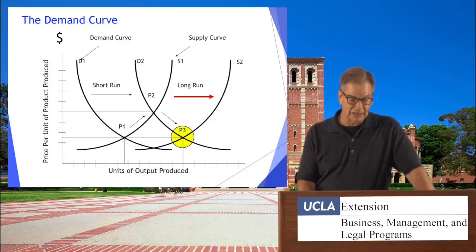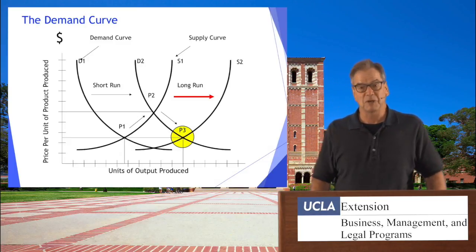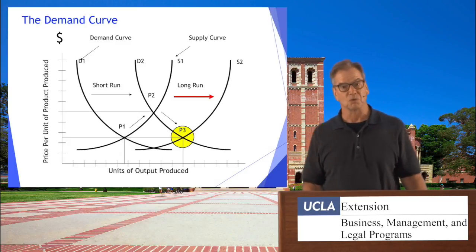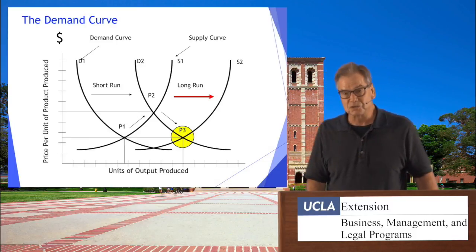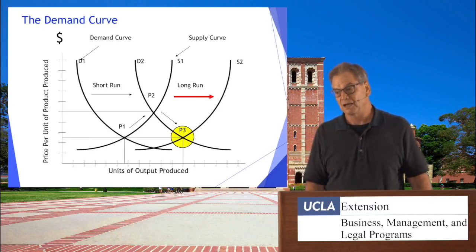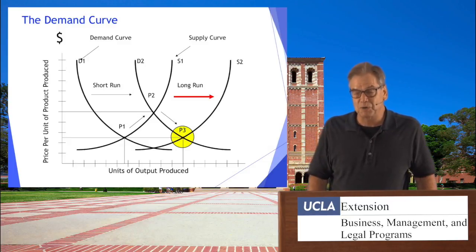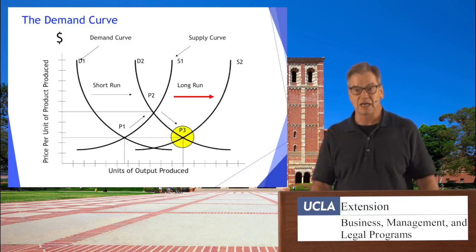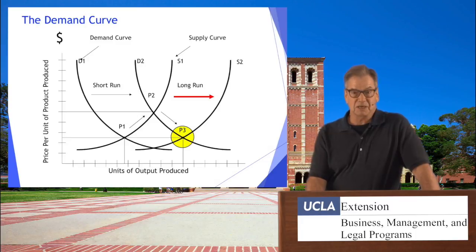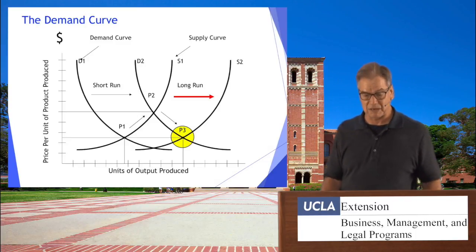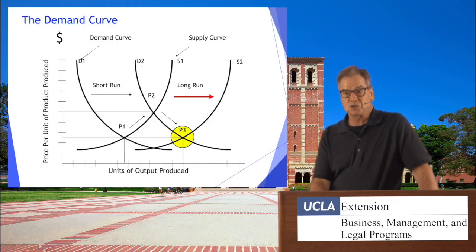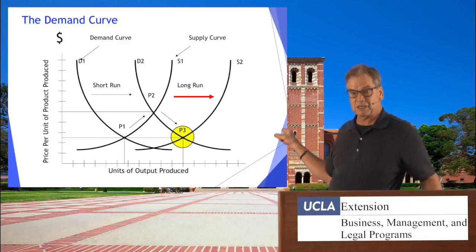Next, in due time, our competitors are going to go, me too. We want to be a part of this too. And depending on if you have patents or trademarks or things like that, if you're not able to raise barriers of entry, guess what? Now you've got competitors coming in, and through competition, they're going to drive that price back down, so the original P1 is at the same level as P3.